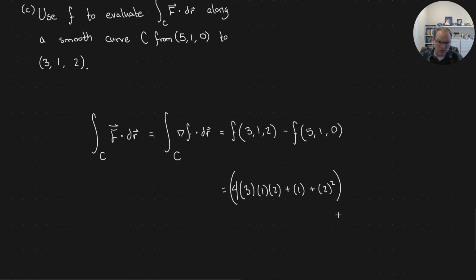So I'll choose 0. Just leave it off. Minus, now same thing, but plug in the second point: 4 times x times y times z plus y plus z squared.